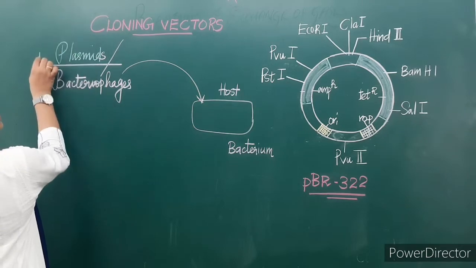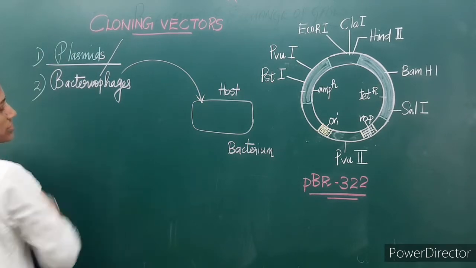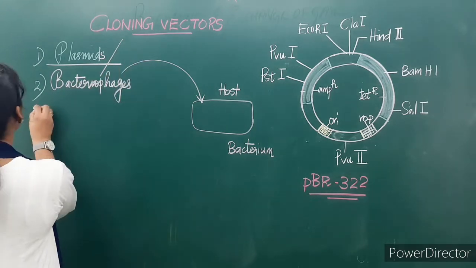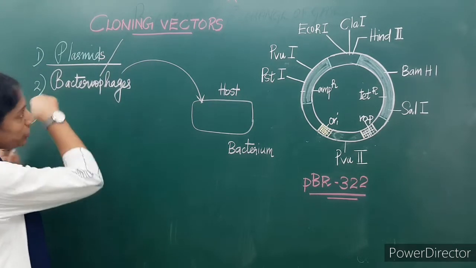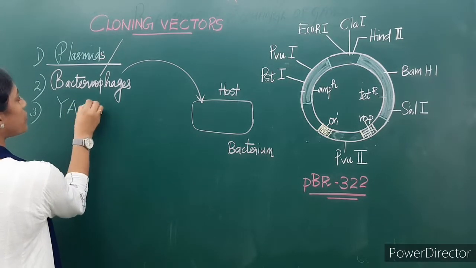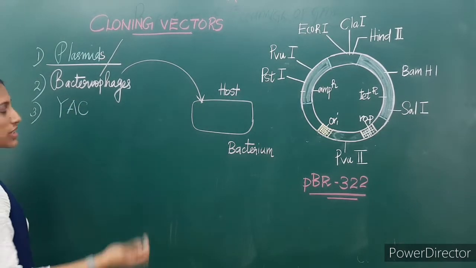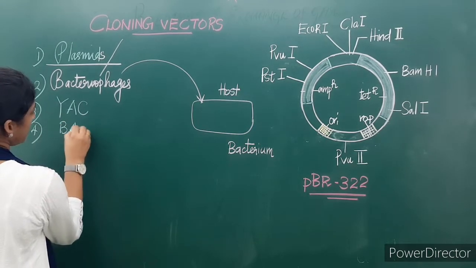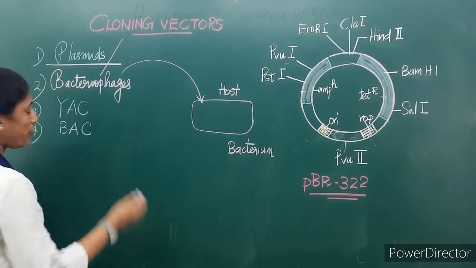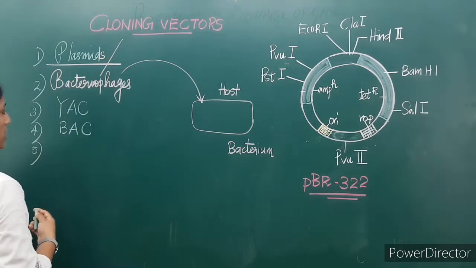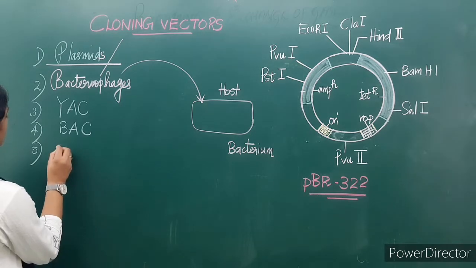When we discuss other examples of cloning vectors, not only plasmids and bacteriophages, there are many new cloning vectors. For example, yeast artificial chromosome can be used as a cloning vector. Then bacterial artificial chromosome can be used as a cloning vector. Then Ti plasmid, one type of plasmid, can be used as a cloning vector.